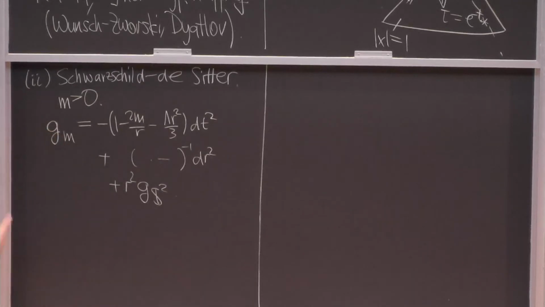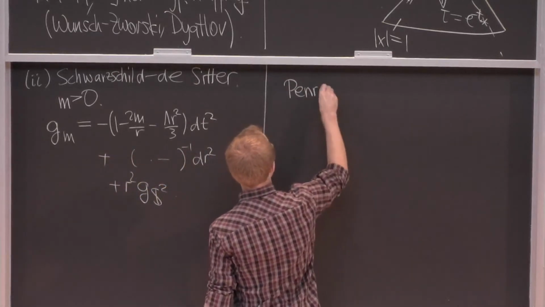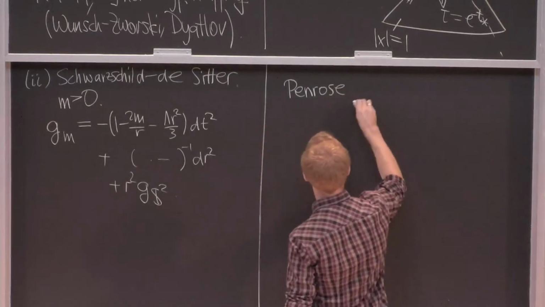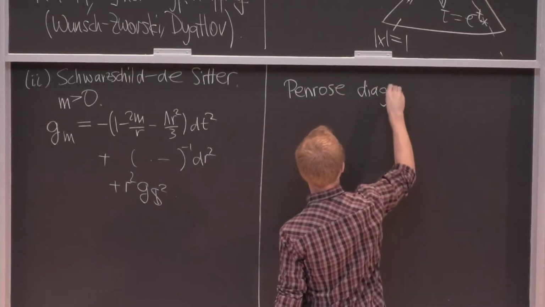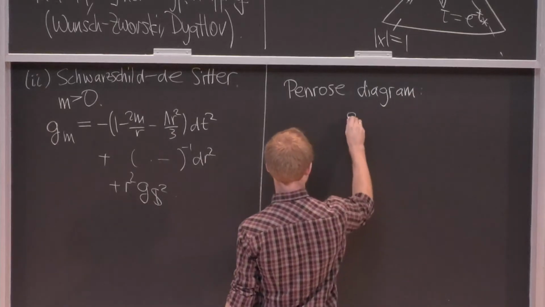And in fact, the geometric or physical structure of the spacetime is a combination of de Sitter space and Schwarzschild spacetime. And so the picture that I'm going to draw now is necessarily slightly different from the ones I drew previously. It's what's called a Penrose diagram. I'm going to draw it quickly and then explain what's going on.